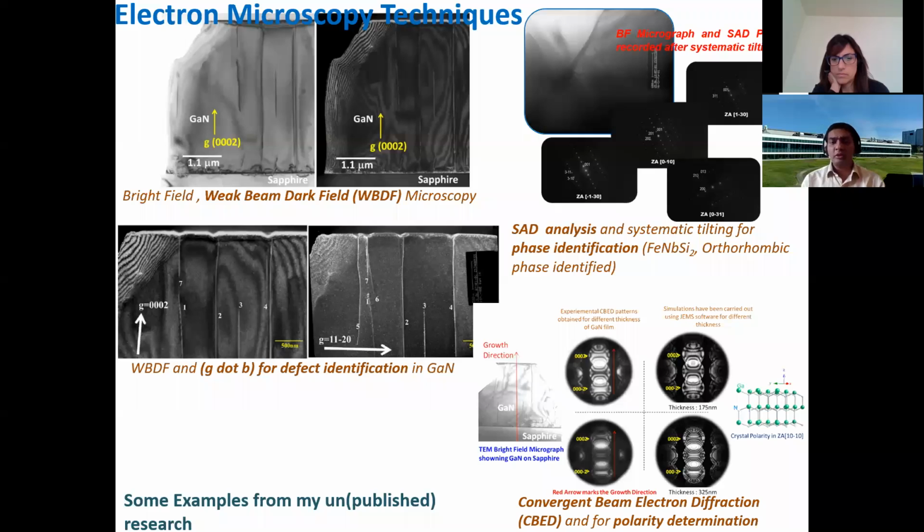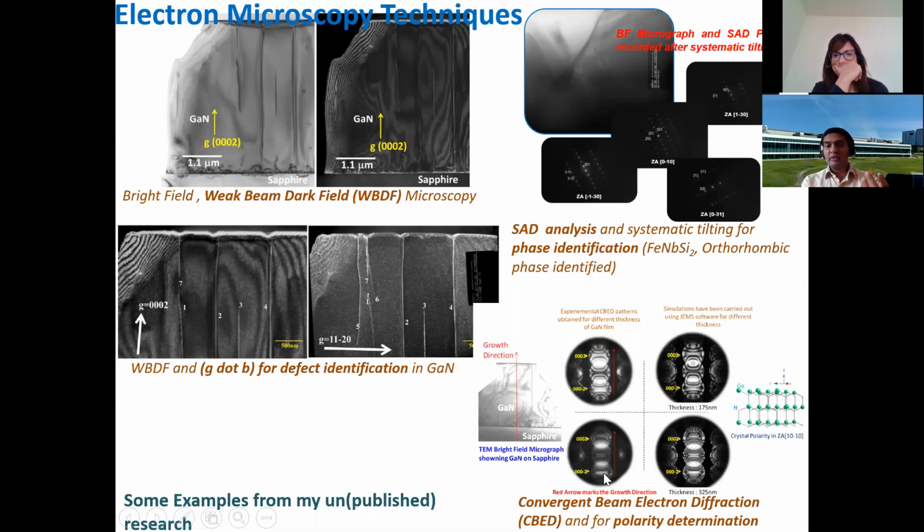Then coming on to the other technique, convergent beam electron diffraction. This is another technique which we can use to identify the polarity of different polar materials. This is showing an example of a gallium nitride sample, and what we see here is the experimentally observed convergent beam electron diffraction pattern.